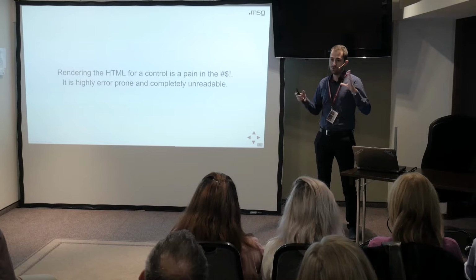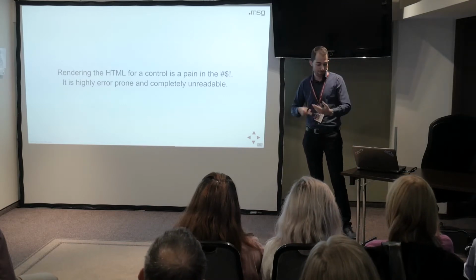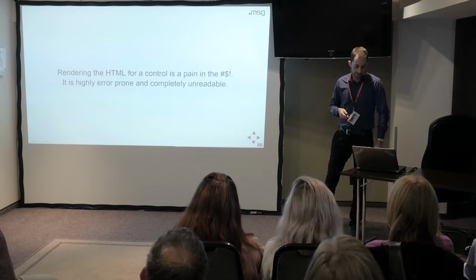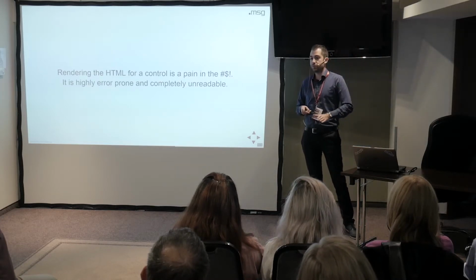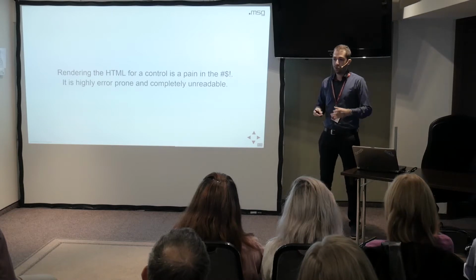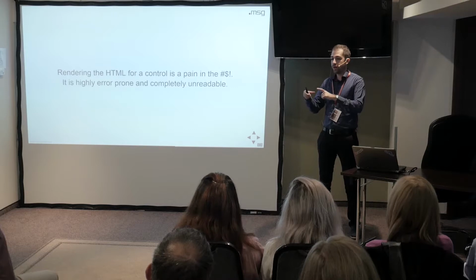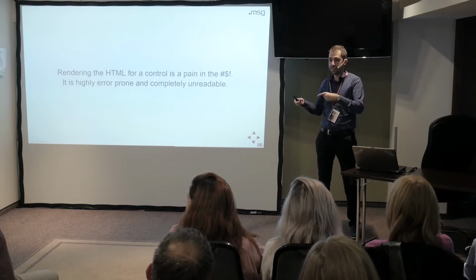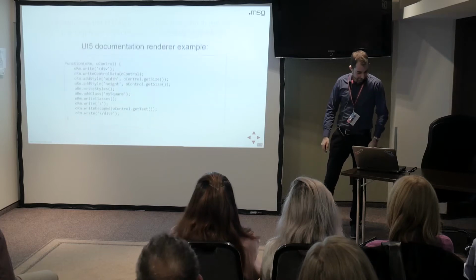So there is no nice syntax. You just have to concatenate strings and make sure to escape stuff. And it's very error prone. We'll show an example. It's impossible to understand what's happening there. The only way in which you can help yourself is to split into methods and have methods which have really nice names and a lot of comments, and then maybe you understand what's there.